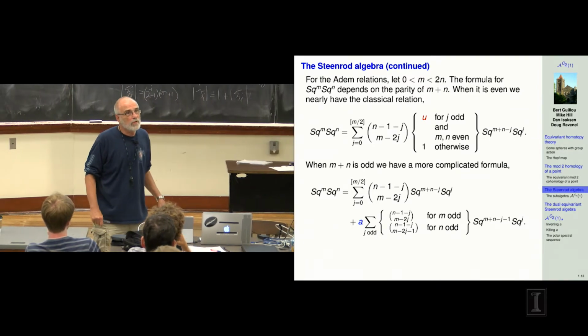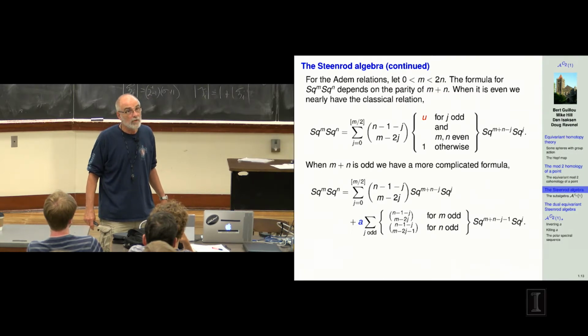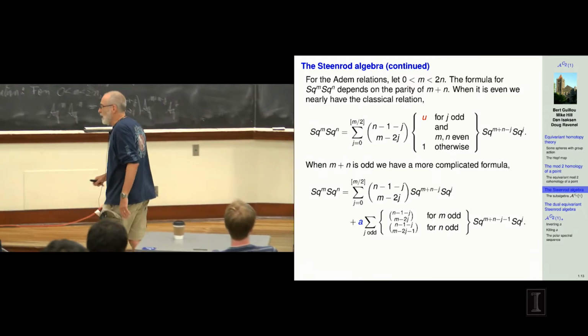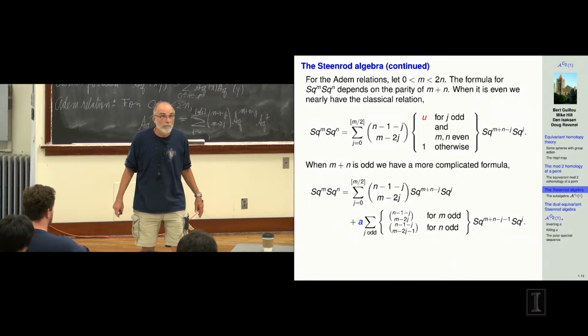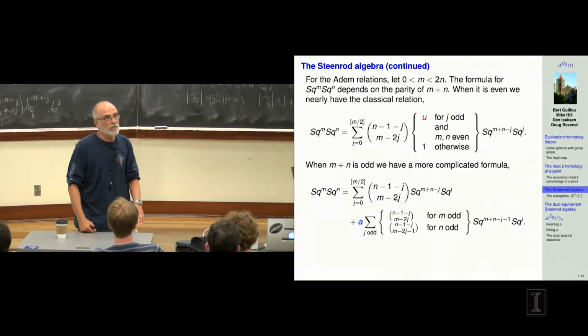Now, this formula was not easy to come by. You've probably been told, as I have, that the Adem relations are somehow equivalent to the structure of the dual Steenrod algebra. Clearly, one determines the other. And I confess, I have never tried to derive one from the other, and I've heard that it's a very difficult exercise.